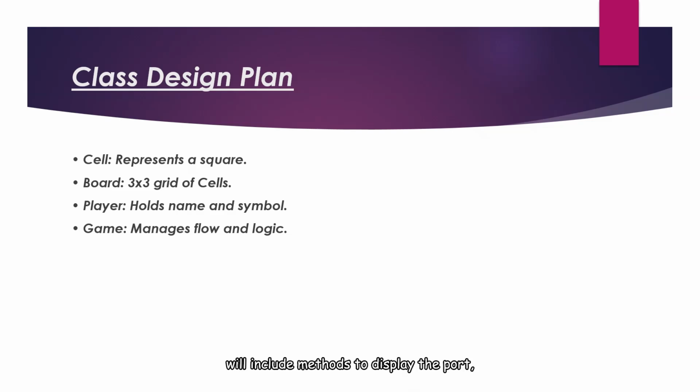This class will include methods to display the board, check if a cell is empty, and update a cell with a player's symbol. Moving on to the player class, each player will have a name and a symbol, X or O. Players will take turns making moves, and the player class will include a method for making a move on the board. Finally, the game class will handle the game logic, such as starting the game, alternating players, and checking for a winner or draw.